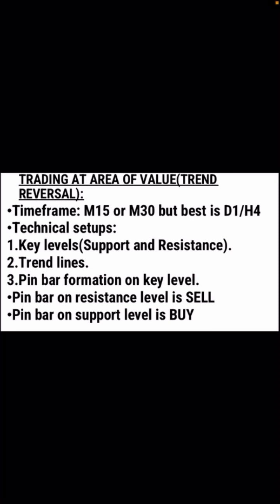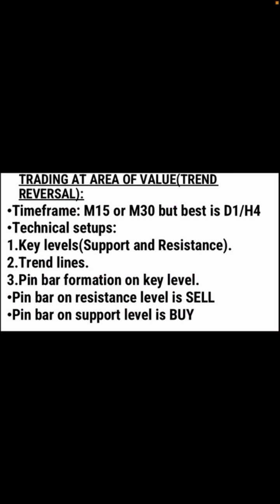If the market is going up, is on an uptrend, and it got to a point of resistance, which is a very important key zone, which is actually also a zone of what we call the zone of value. That area of value, got to that point, is the resistance level, and you see a pin bar. What does that tell you? The market is going to reverse. Automatically, the market will start coming down.